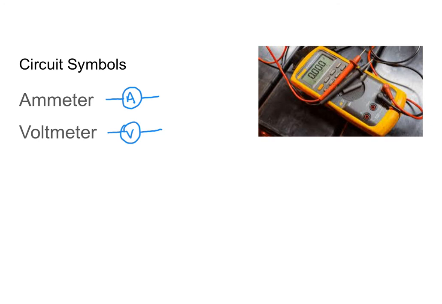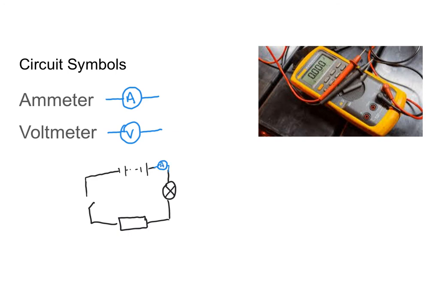Now, drawing our circuit diagram, we have our cell again, and then connected to that we have a lamp, and we had our resistor, and we had our switch. And when I created my circuit, I put my ammeter in series with my circuit.